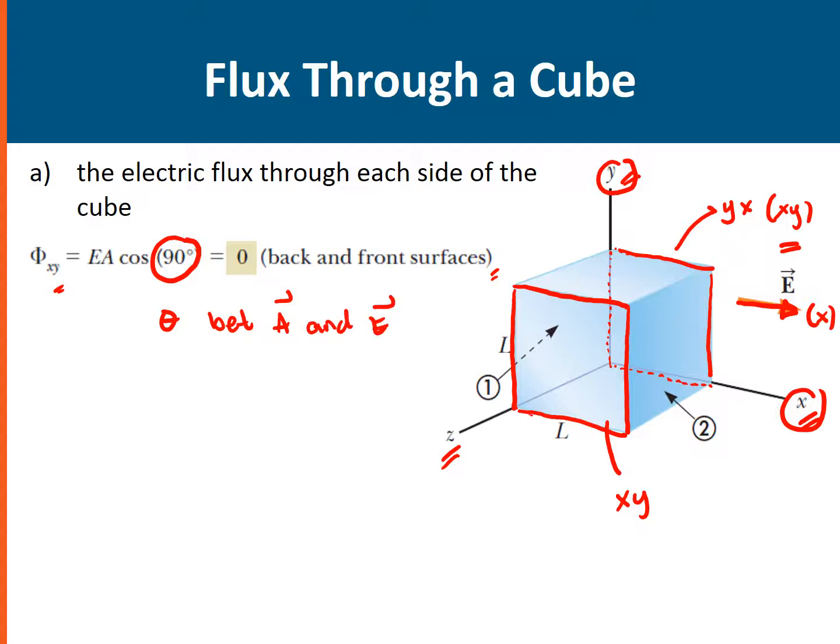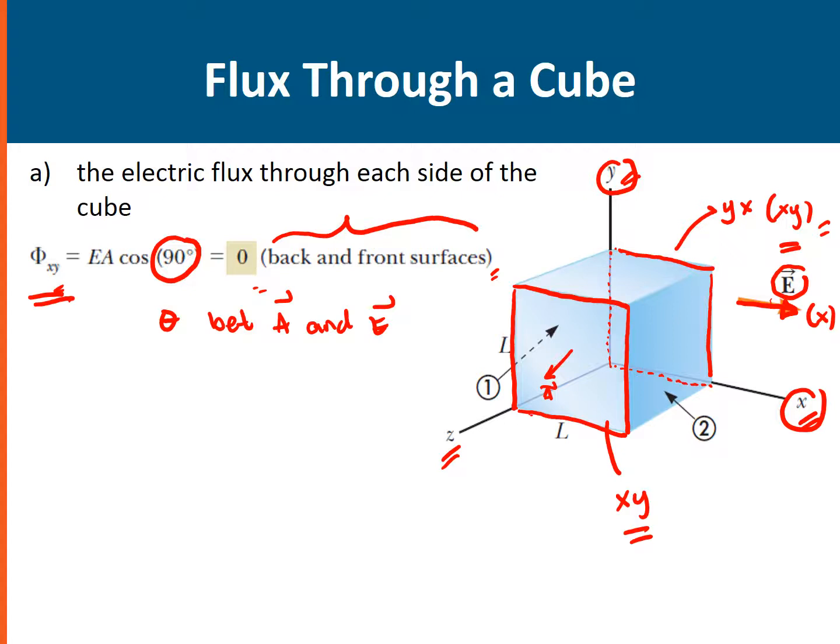The area vector looks like this, and it is perpendicular to the electric field. So the angle here is 90, and therefore the electric flux through the xy plane is equal to zero. When we say xy plane, we're just referring to the front and back surfaces.